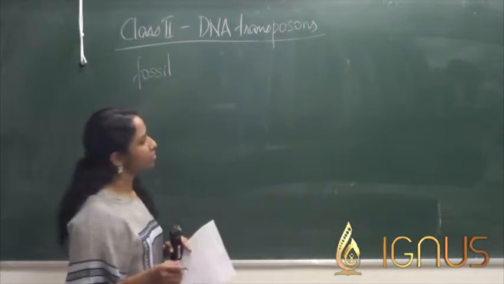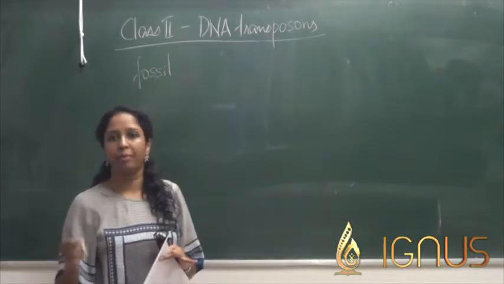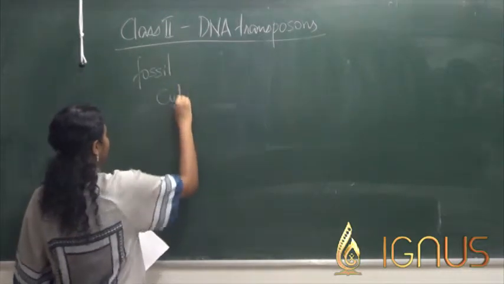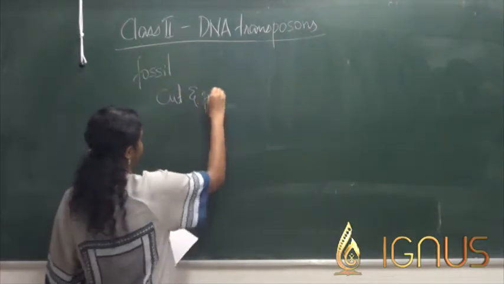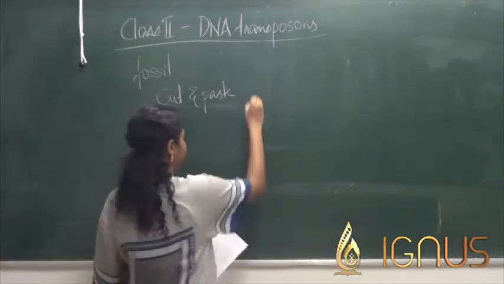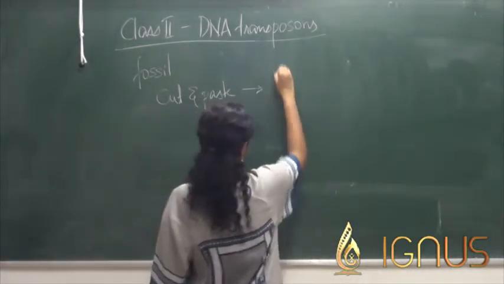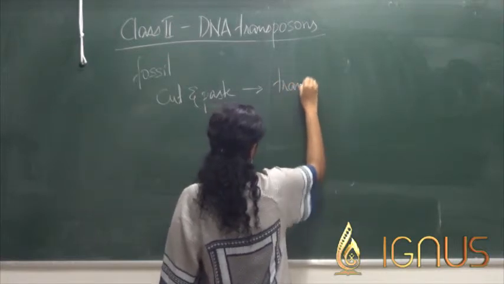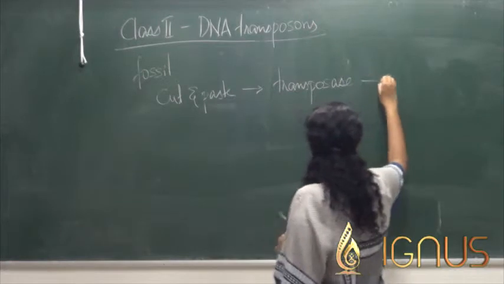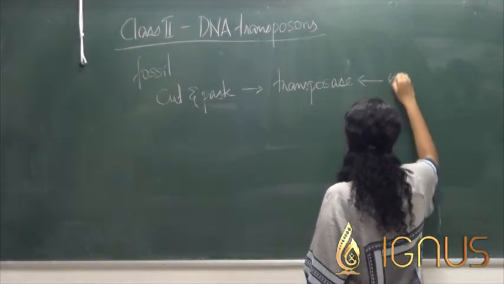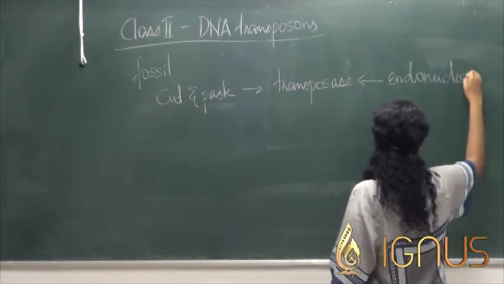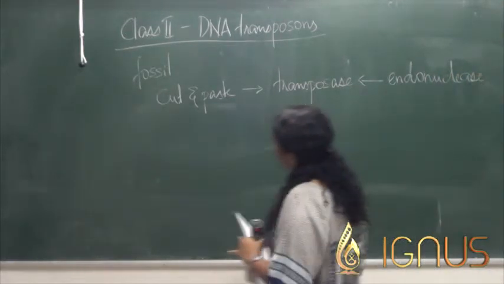Now DNA transposons are going to move by a cut and paste method, and for the cutting and pasting they are going to use an enzyme transposase, and this enzyme is an endonuclease.